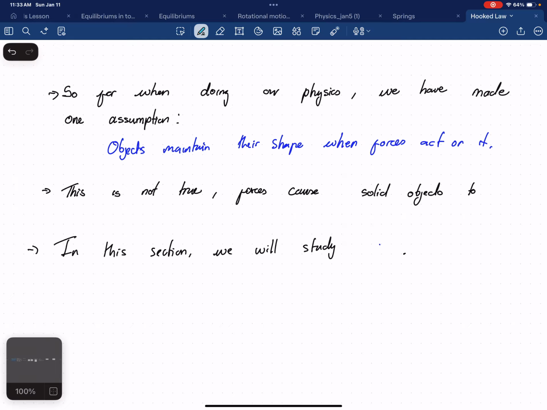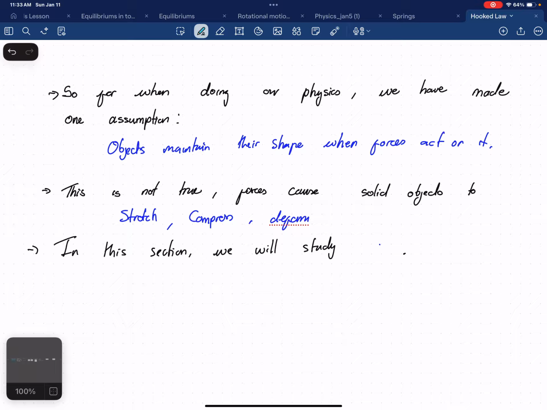forces cause solid objects to stretch, all right? They can cause a solid object to compress or even deform. Even at the atomic scale, there's some deformation happening. And we are going to study this kind of analysis, of course, at a much larger scale.